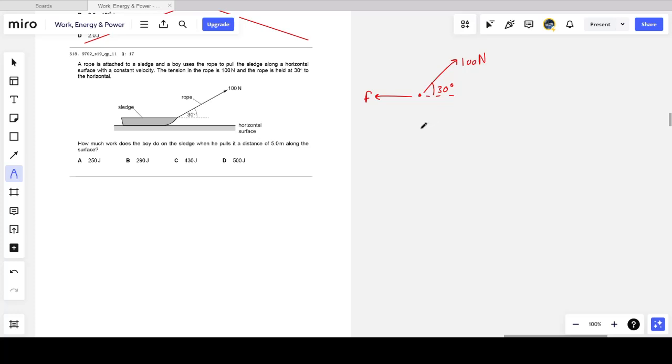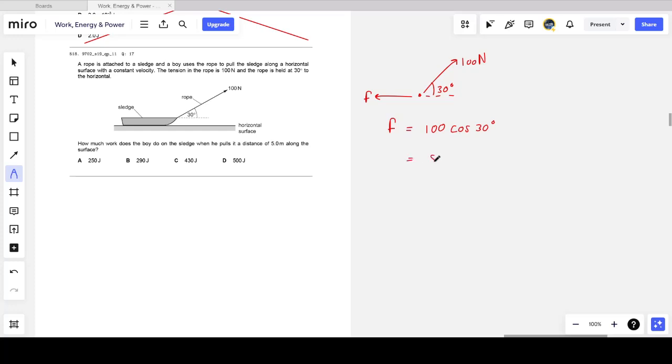And basically the work being done is the work that's done to oppose the friction. And this frictional force is the horizontal component of the applied force, since it's moving at constant velocity. That's 100 cosine 30 degrees.